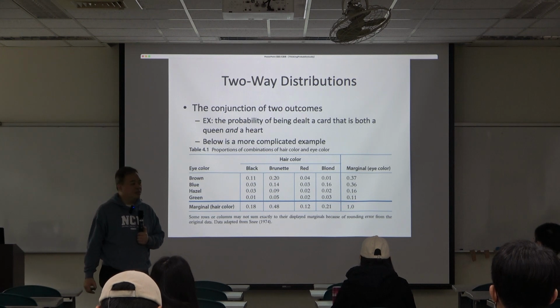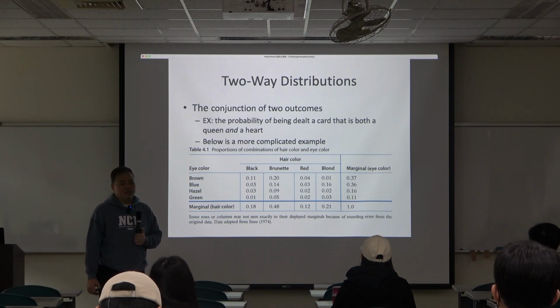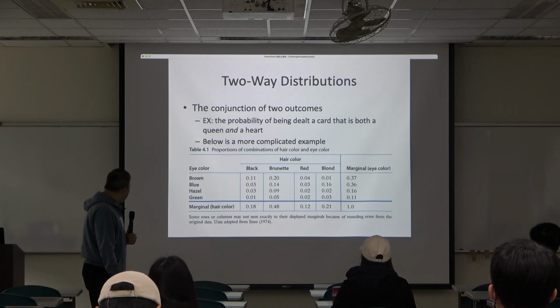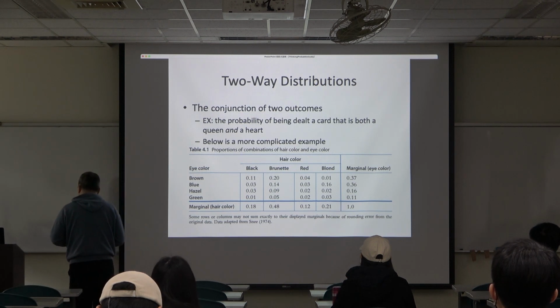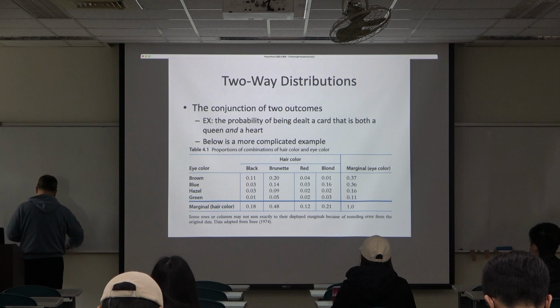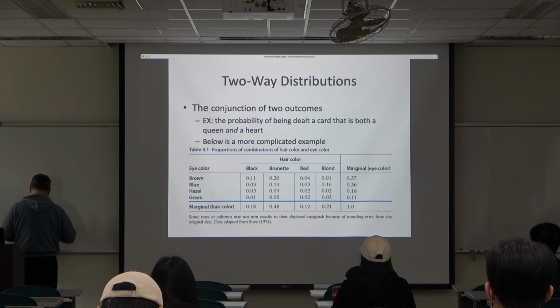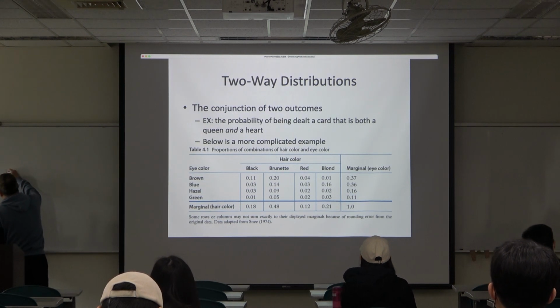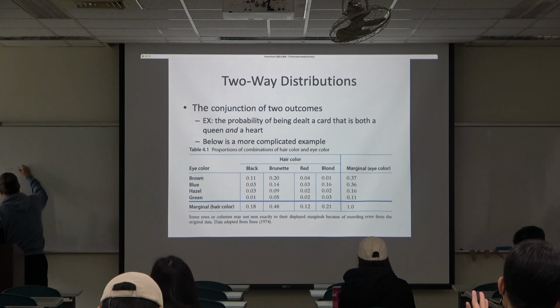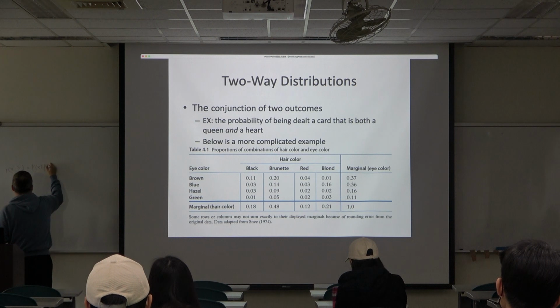Yes or no? Why yes? Why no? If you want to say yes, you pretty much need to verify that p of x y equals p of x times p of y, for all x and y.